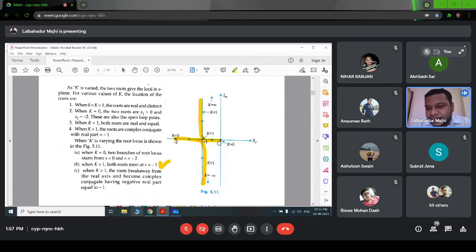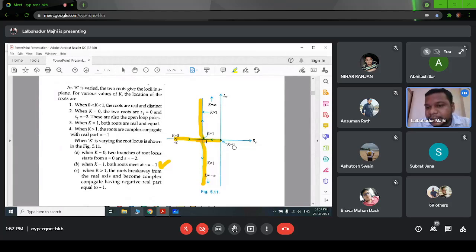So these are called the root locus branches, because for different values of gain k, we are plotting the roots and connecting the dots, right? Clear? Root locus means the plot of the roots, because we are taking the roots here.